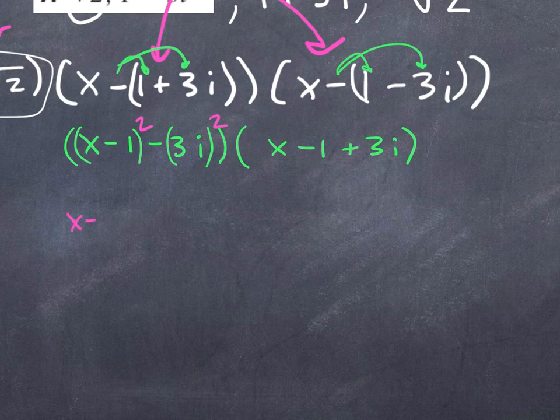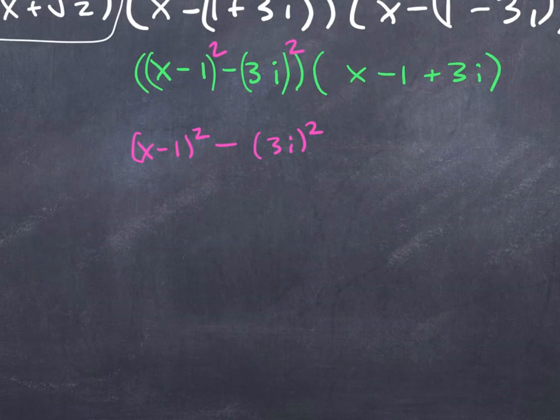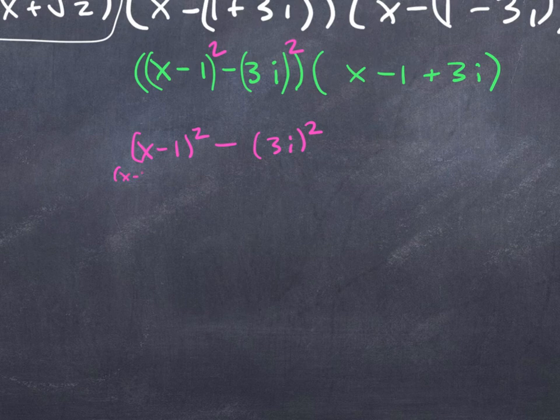So we have x minus 1 squared minus 3i squared. First thing we should do is multiply x minus 1 squared, so we're just FOILing. So this is x minus 1 times x minus 1, which gives us x squared minus 2x plus 1. So I just FOILed it out.